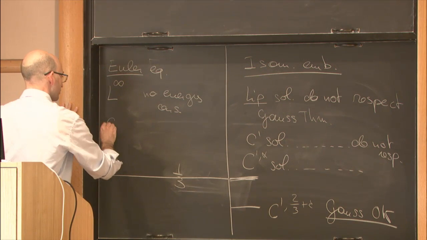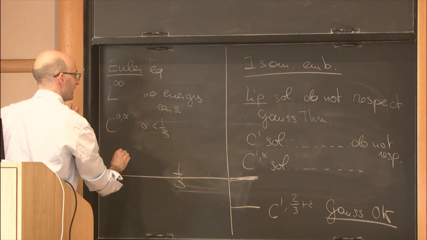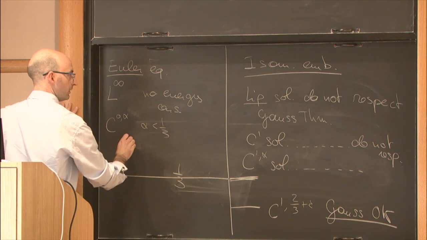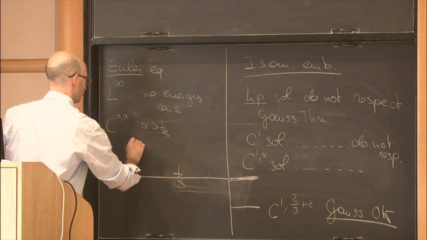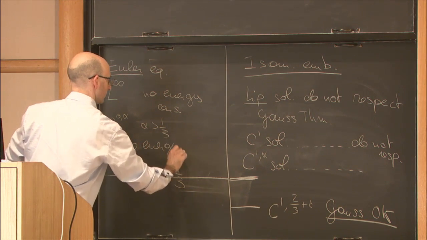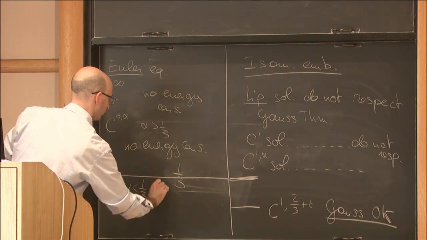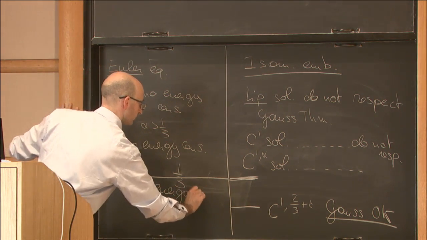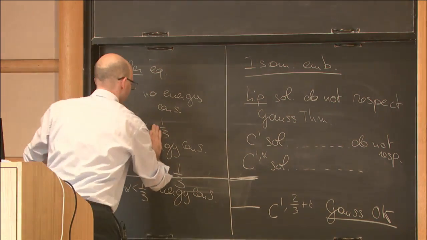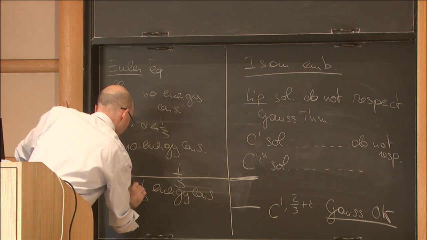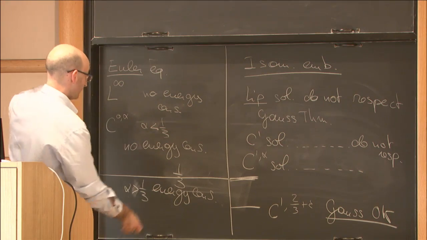The Onsager conjecture tells you that for C^{0,alpha} with alpha bigger than 1/3, there is no energy conservation, and for alpha less than 1/3, there is energy conservation. Eh? The other way around. So yes, okay, actually I was doing it correctly the first time, sorry. Right, so the threshold is 1/3.